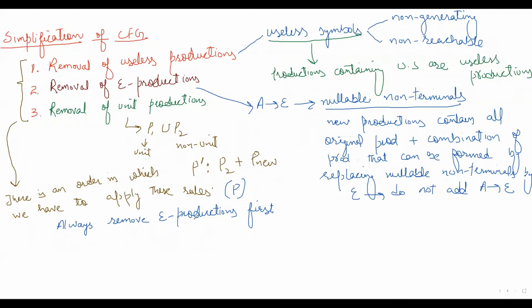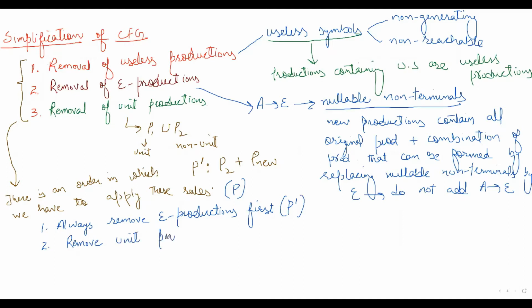So after removing epsilon productions, let's suppose we got new production rules as P dash. Okay, so this is the first step. Second, from this P dash, remove unit productions.